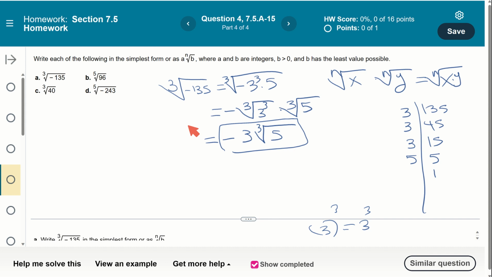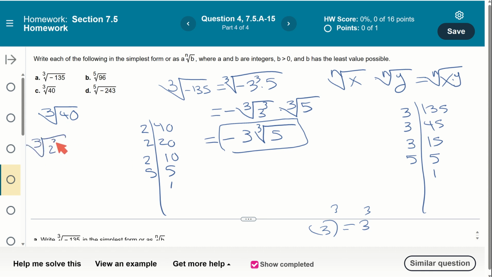I'll do one more for you and then you can try the other. So let's look at the cube root of 40. Again, we're going to find the prime factorization of 40. I know 2 gives me 20, 2 gives me 10, 2 gives me 5, and 5 gives me 1. So I can write this as the cube root of 2 cubed times 5.